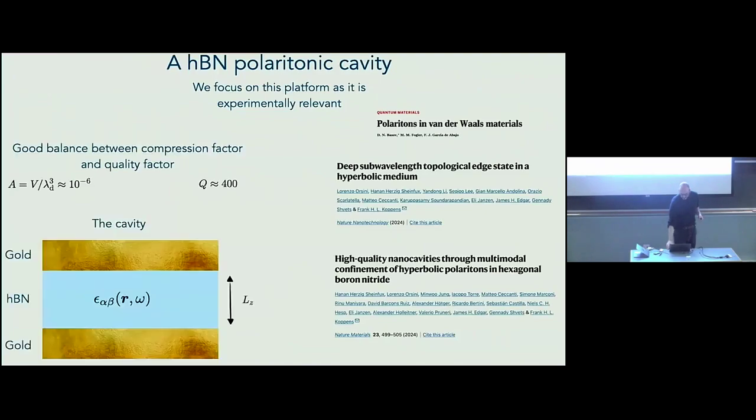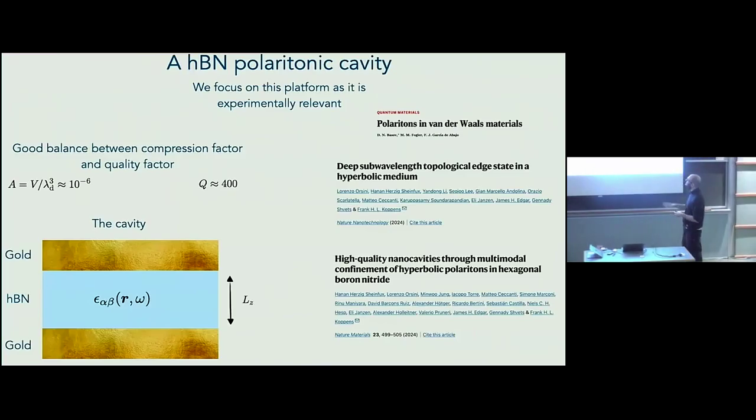Okay, so now let me focus on the description of the hBN polaritonic cavity, which is this guy. So between two mirrors, now we put hBN, and this for us is the cavity, and you can see that this has very good confinement and very good quality factor.